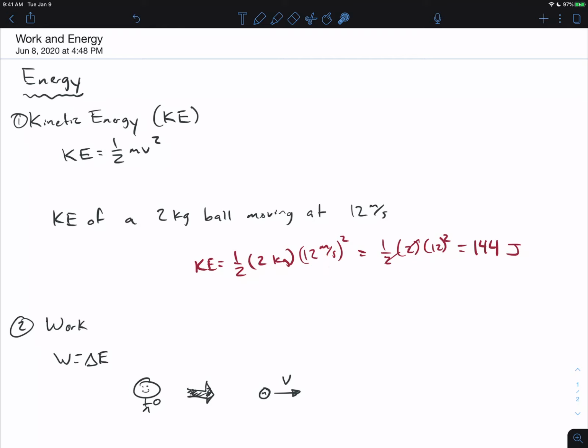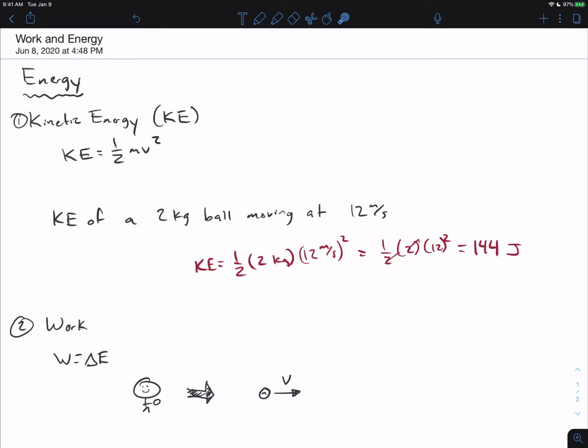Now, it's fine to say that things have kinetic energy, but we are really interested in the transfer of energy. This is the important part of energy here, in the same way that objects on their own don't have interesting lives when it comes to motion. They need forces, they need external influences in order to accelerate, right?